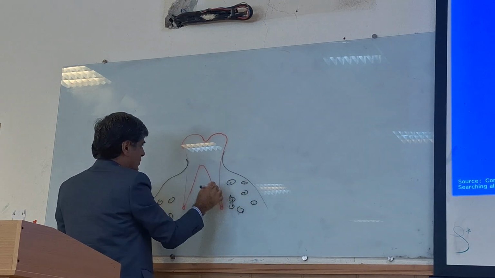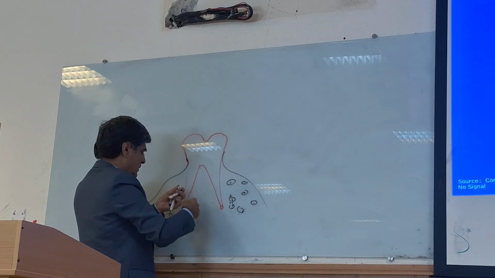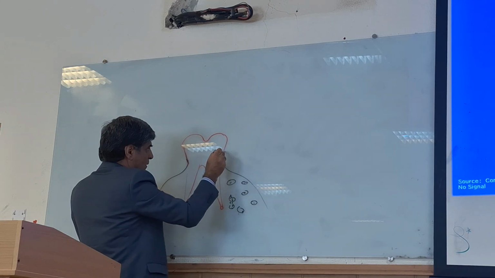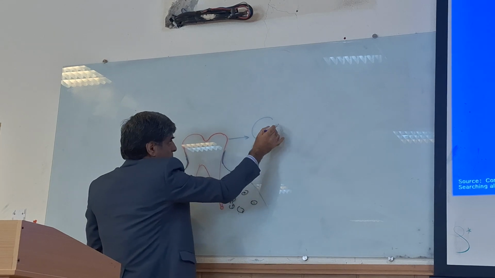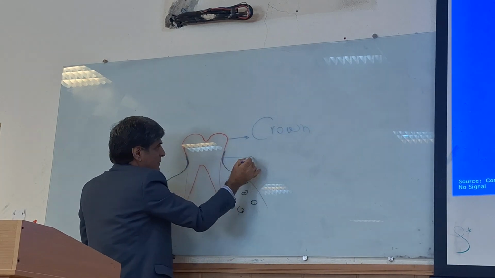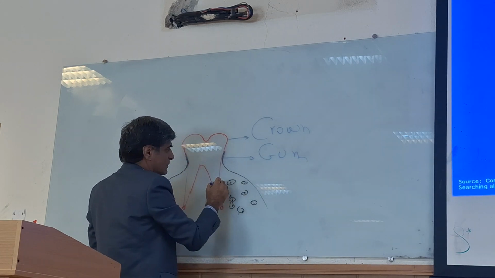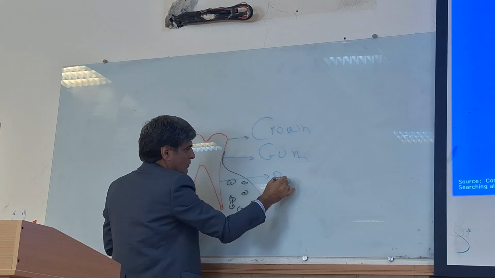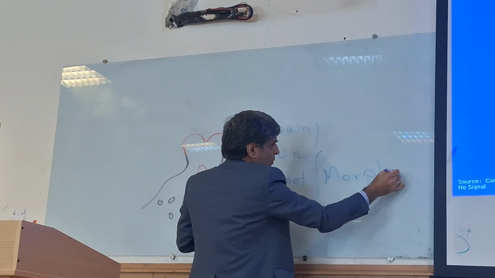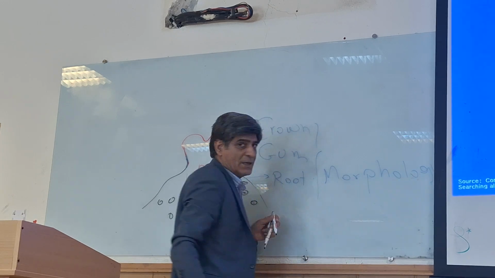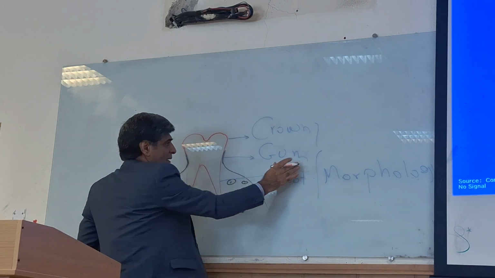Okay, spongy bone. Morphology contains three parts: this part crown, this part neck, this part root. Okay, this morphology contains three parts: crown, neck, and root.